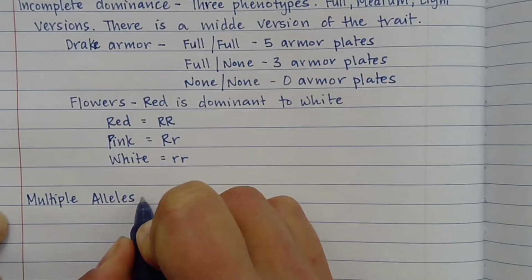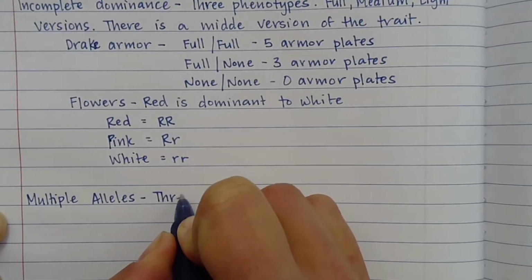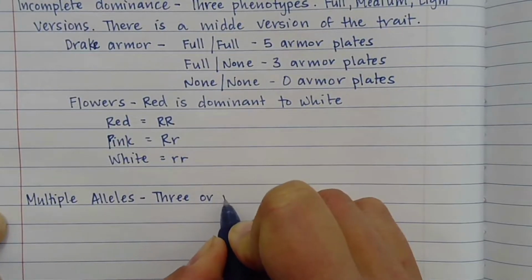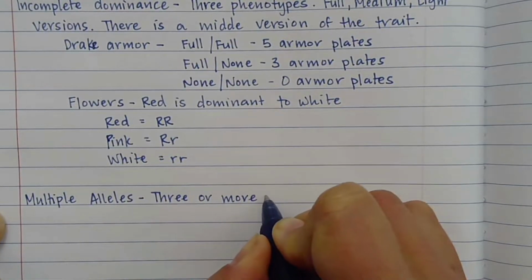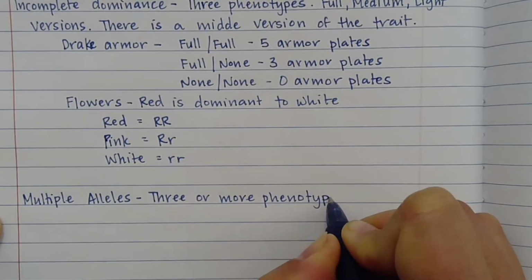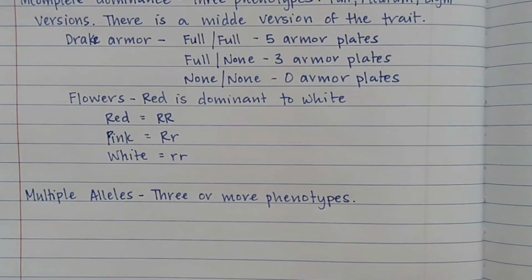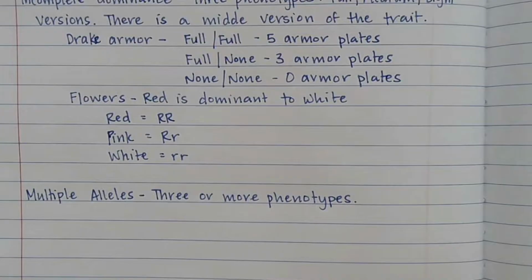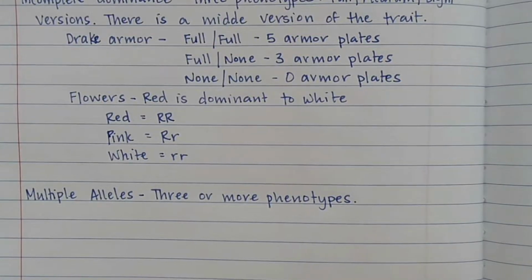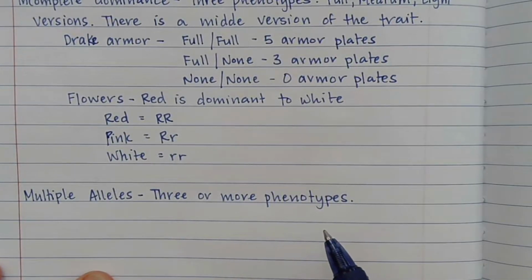So in multiple alleles, you're going to have 3 or more phenotypes. So you might be thinking, oh, I've got something with 3 phenotypes. How am I supposed to know if it's incomplete dominance or if it's multiple alleles? Well, when you've got multiple alleles, you don't end up with a middle phenotype.